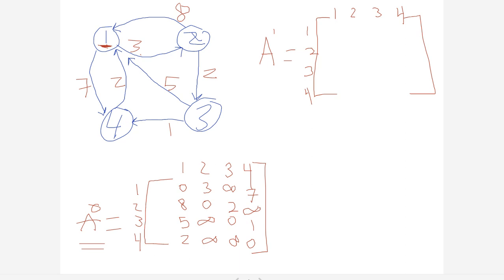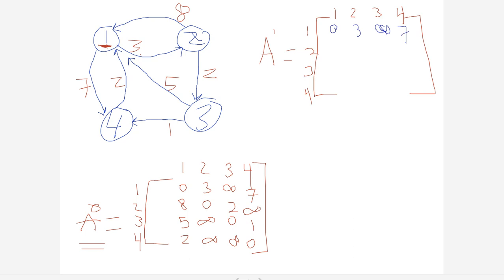So we have 0. Let me change the color for distinguishing the values. From 1 we leave it the same: 0, 3, 8, sorry, infinite, infinite, and 7.